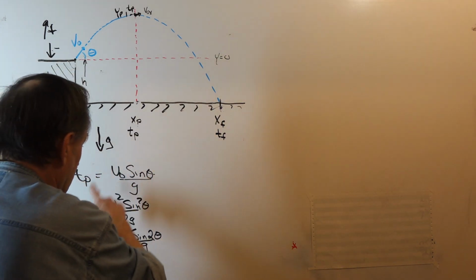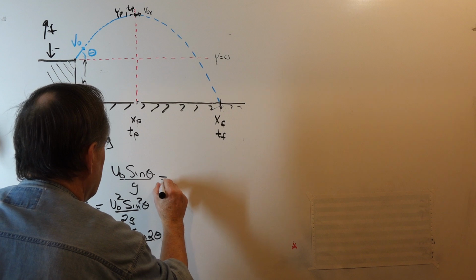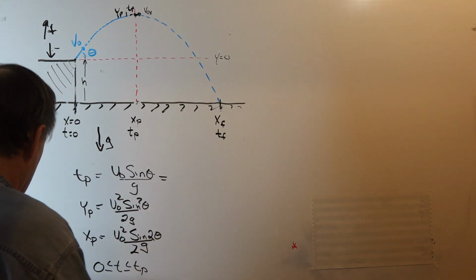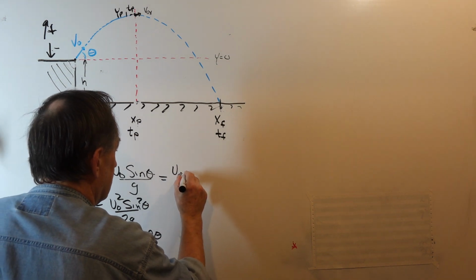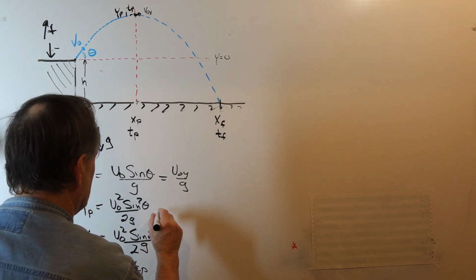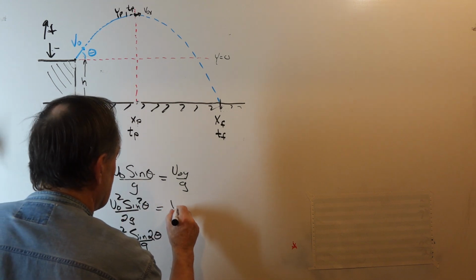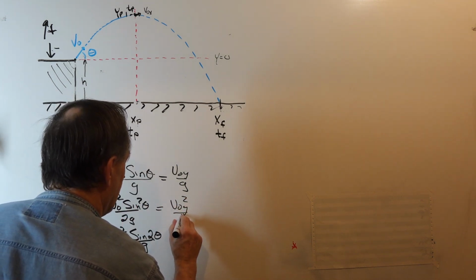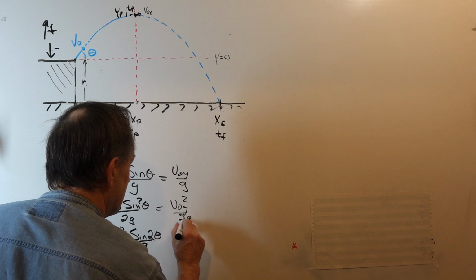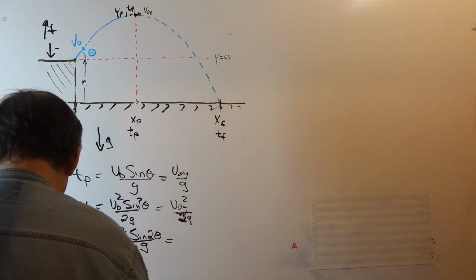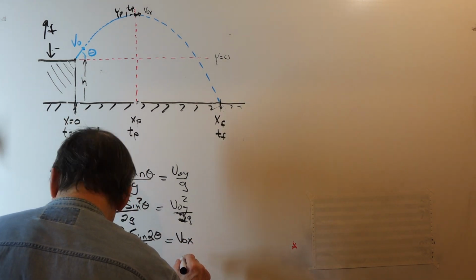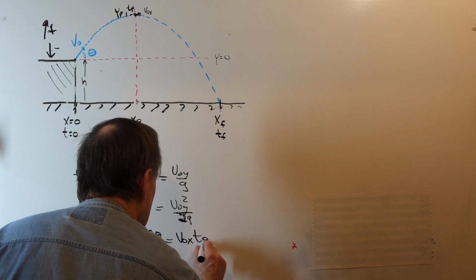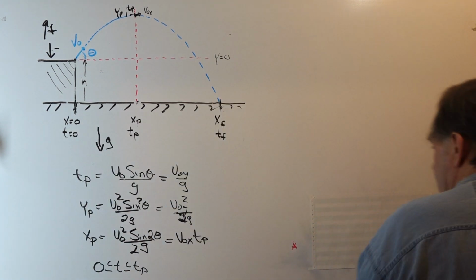Now, we can recognize, I'll put this also in another form, that v0 sine theta is the initial velocity in the y direction. This is the initial velocity in the y direction squared, divided by 2g. And this is v0 in the x direction times the time to reach the peak.